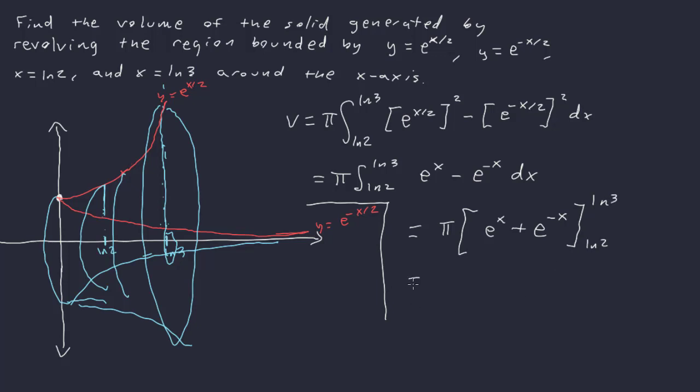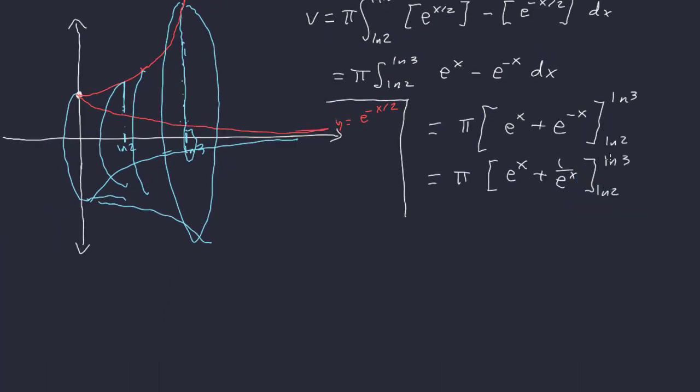Now, before I do that, to make this a little easier on ourselves, make this 1 over e to the x. The reason we're going to want to do that is because we're plugging in ln stuff.